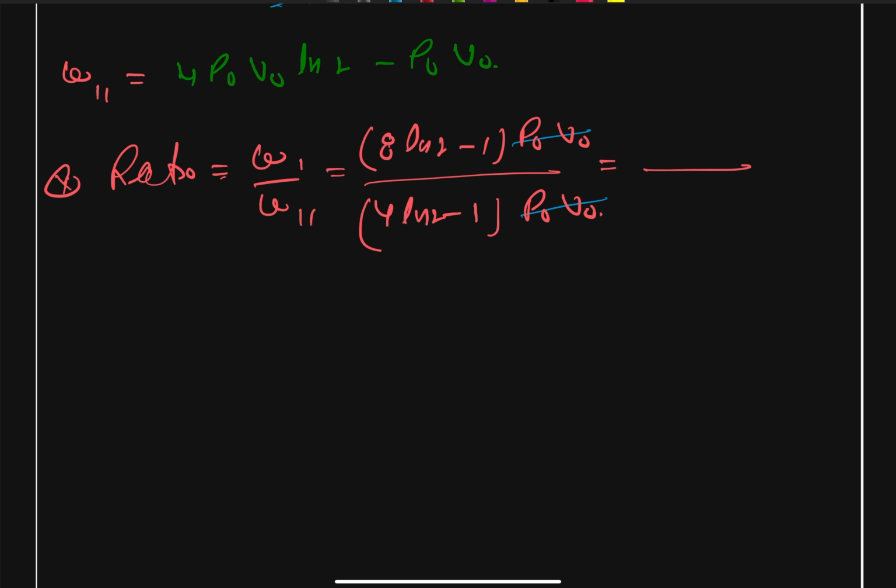Okay, let me write it first of all. This comes as 8 natural log of 2 minus 2, and this is our 4 natural log of 2 minus 1.